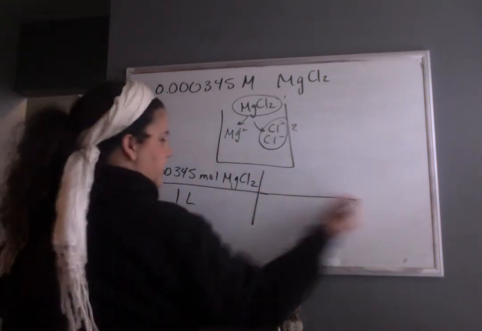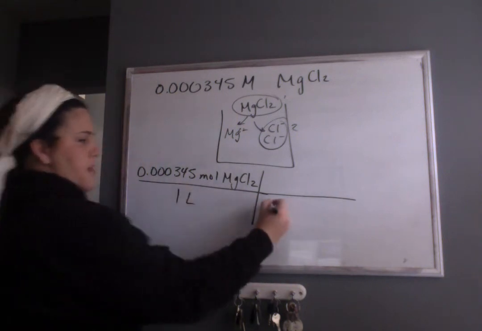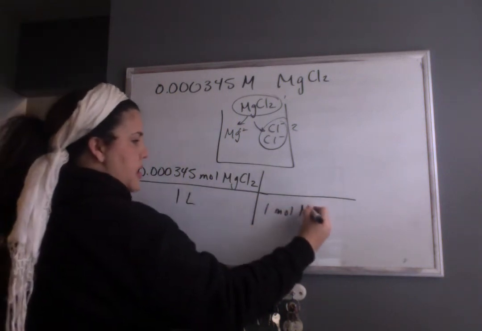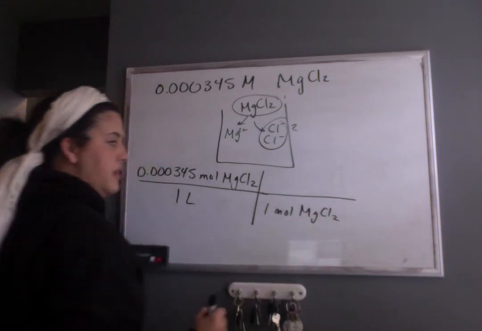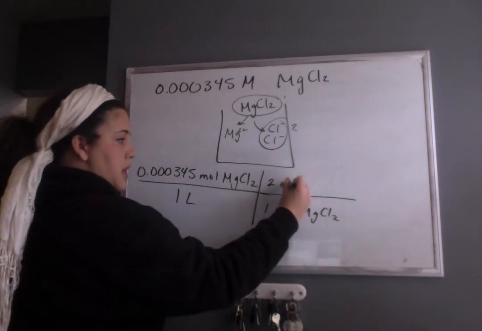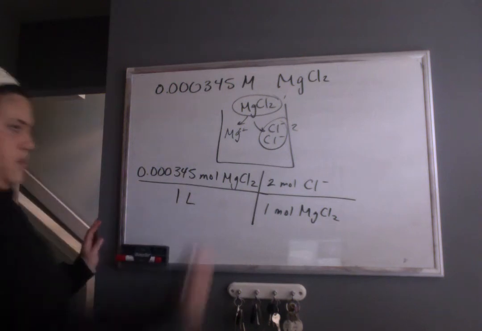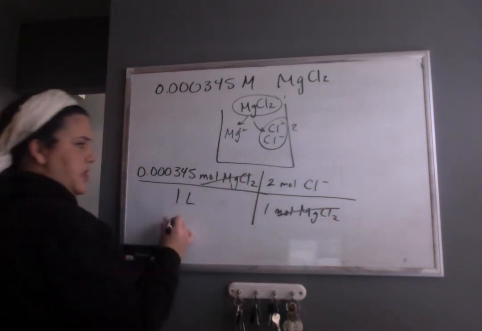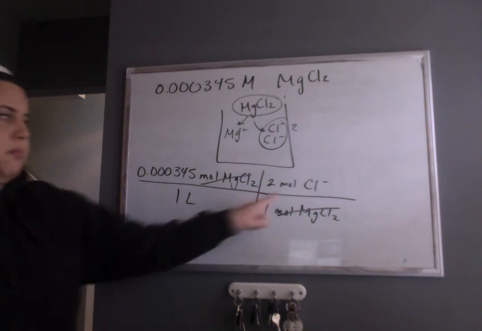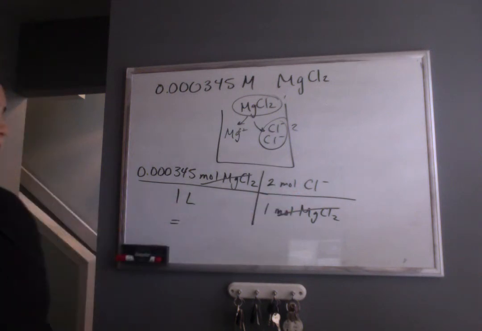So I set up this little table here. I know that for every 1 mole of magnesium chloride, I actually have 2 moles of chloride ions. So when I multiply and divide this all out, I end with units of moles of chloride per liters of solution.